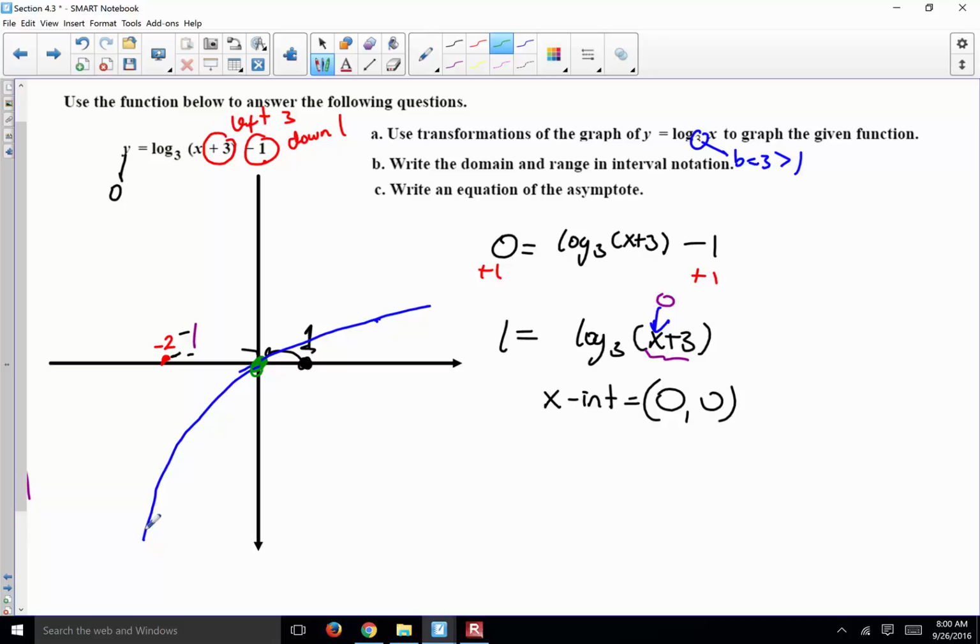Alright. Now, noticing this, and this is the early picture I shifted off. This was the earlier picture. This is log 3 of x, and here is minus 3.